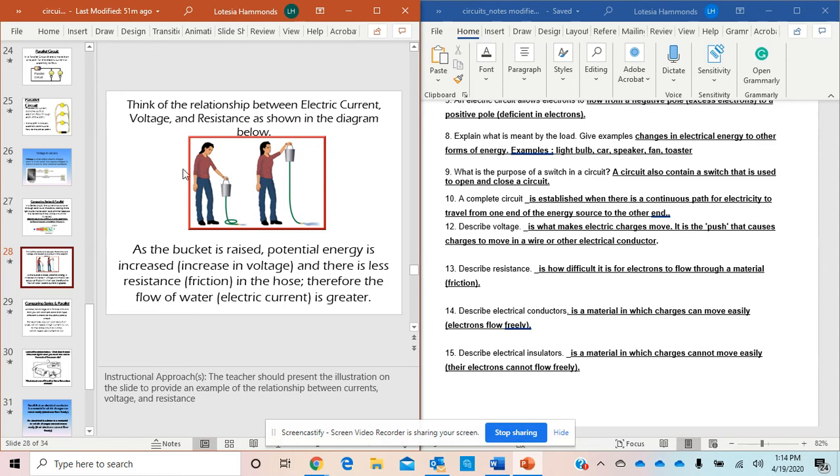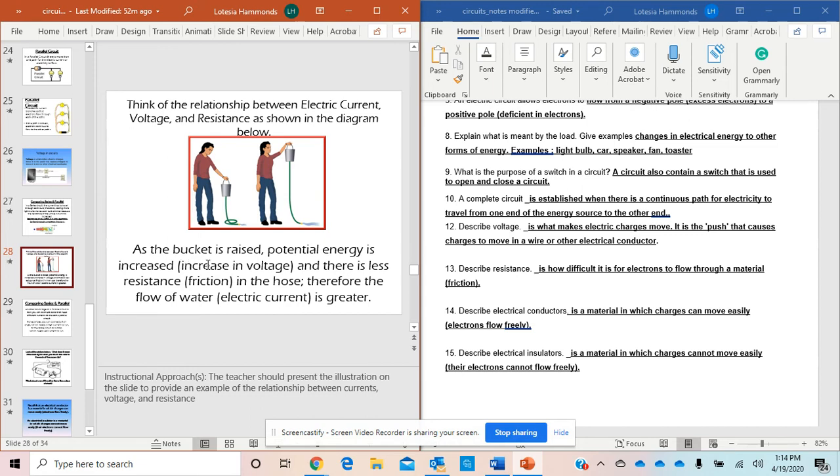So basically you have a woman who has a hose and a bucket of water connected. And so she's holding it at her waist and the water moving out is slow. Then it shows you that she lifts that bucket and the flow of water increases. So as the bucket is raised, potential energy is increased, and we've discussed potential energy in our previous units.